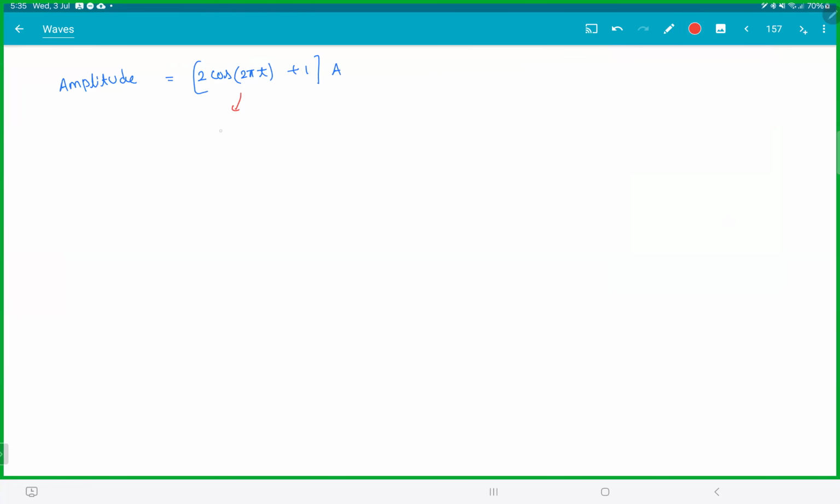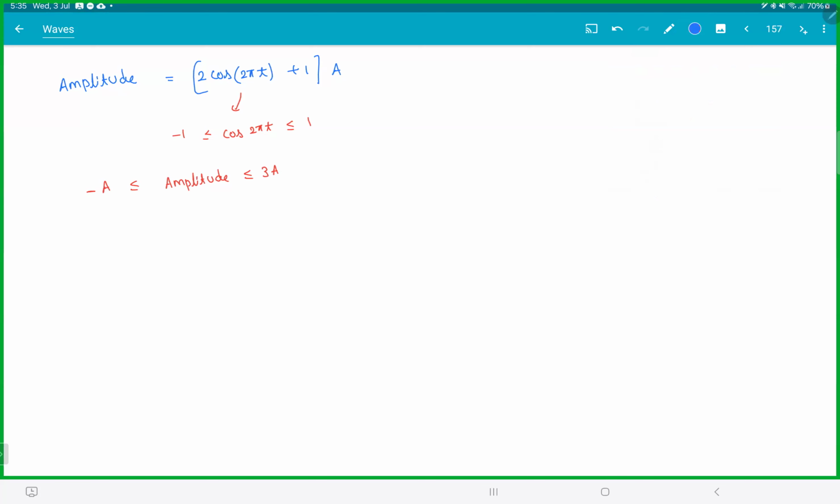That means the amplitude will vary, when it is plus 1, it is 3a, and the minimum magnitude is a, when it is minus 1. So the variation is going from plus a to minus a.